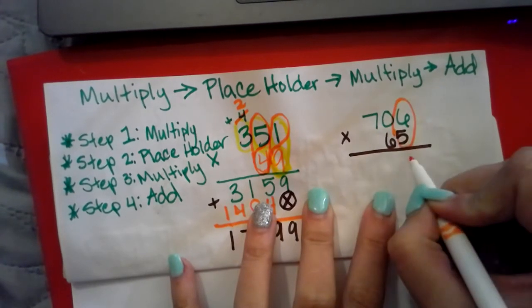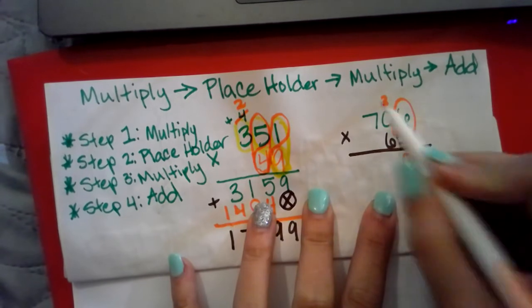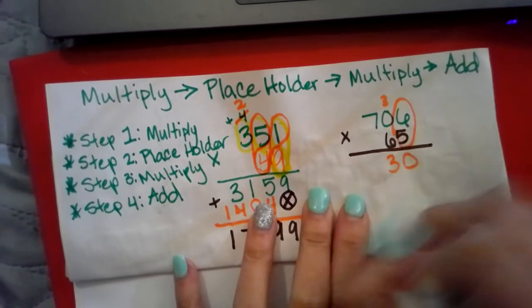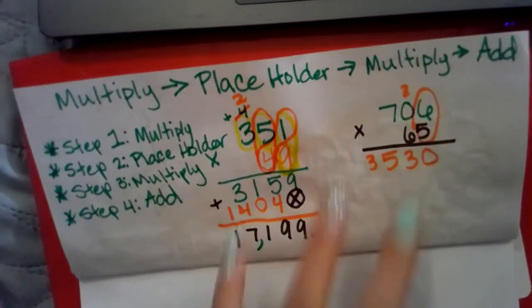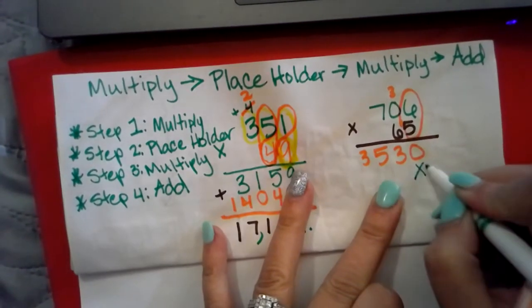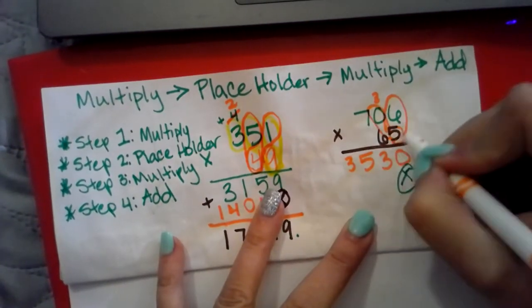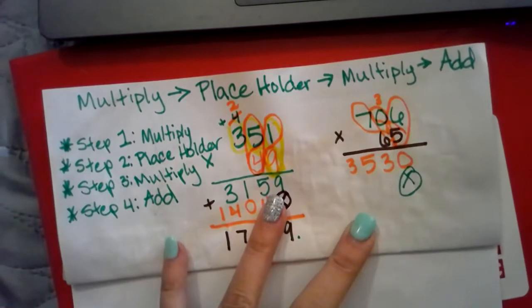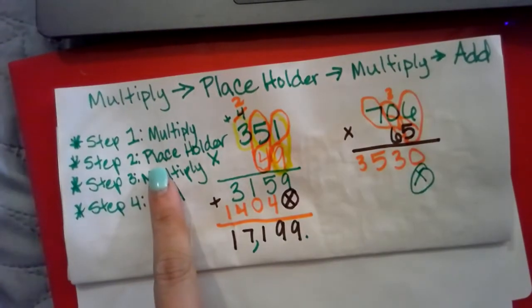So 5 times 6 is 30. Carry the 3. 5 times 0 is 0 plus the 3. 5 times 7, 35. I need the placeholder. So I multiplied that 5 by all of those digits. Then I use my placeholder. That's my step 2 placeholder.